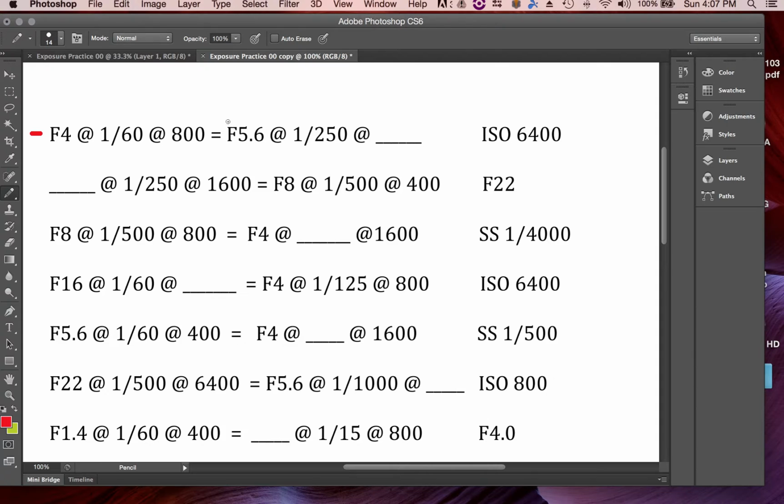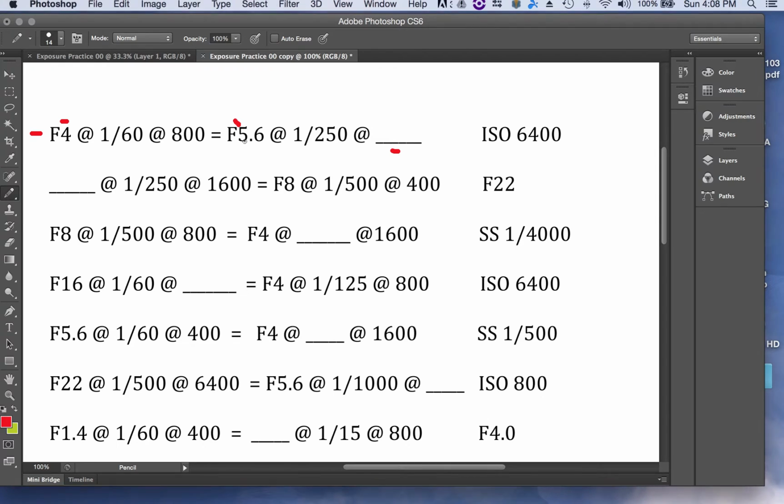Always start on the side with the blank. That's where you need to start. Always start on that side. And then what you do is you just simply compare your known factors from this side to that side. So on this side, we're trying to figure out, okay, is an f5.6 allowing more light or less light compared to an f4?